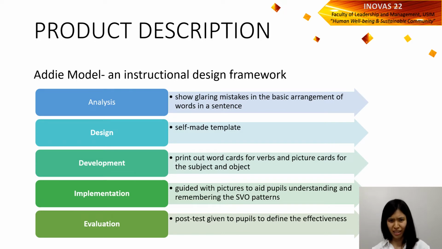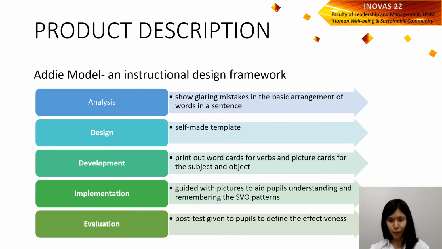Most pupils find it difficult to write the basic arrangement of words correctly. And so in step 2, we designed a self-made template using Microsoft Word. In step 3, under development, we printed out the word cards that we needed earlier, and these word cards are for verbs only. We also printed out the picture cards for the subject and object.